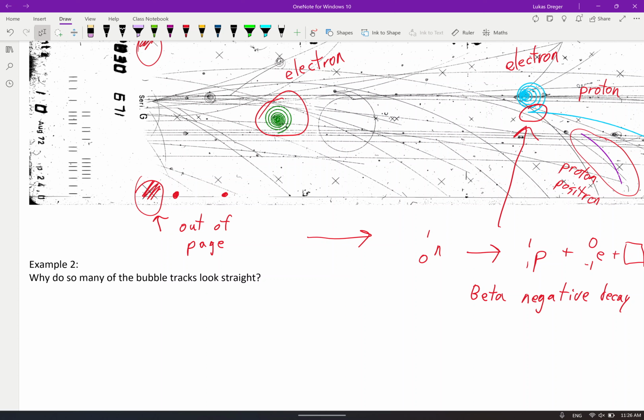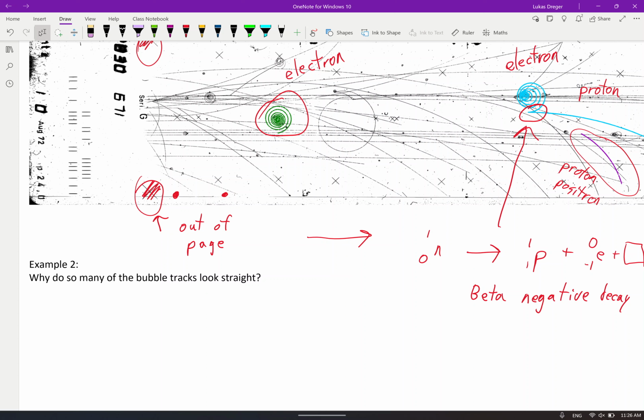So why do so many of the bubble tracks look straight throughout a field like this? Because we can't see neutrally charged particles in a cloud chamber. If it's neutral, it doesn't create the bubble tracks and we can't see it. So neutrons we cannot see, or neutrinos we cannot see, or any other neutrally charged atom or element we can't see. So why do they look straight?